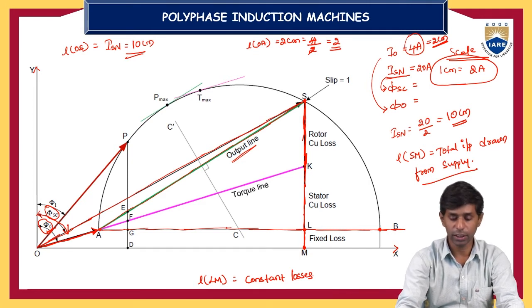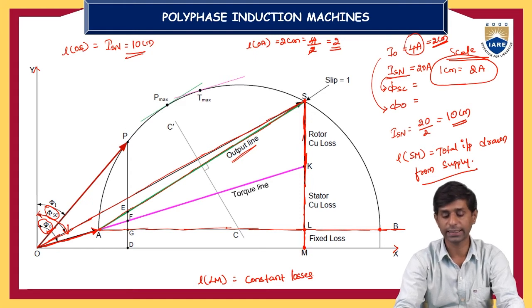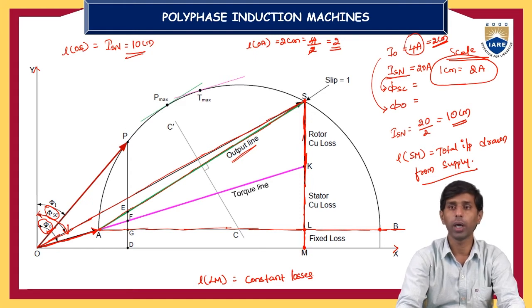So the length of LM represents the constant losses and the length of SL represents the variable losses, that is both rotor copper losses as well as stator copper losses. Now we have to split those losses into rotor and stator separately.